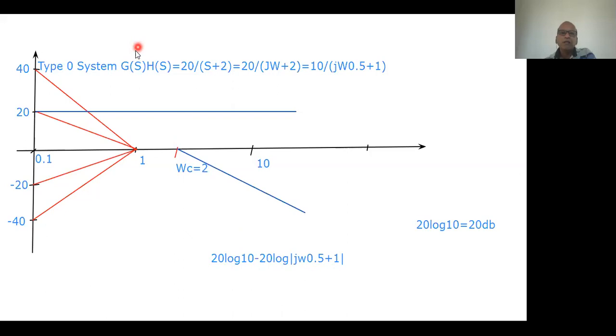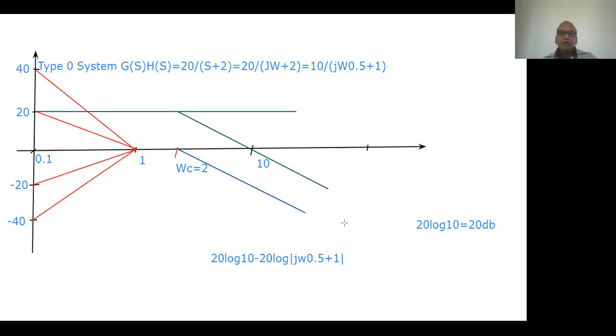Here draw a line parallel to this line, passing through this point. If you see, then what is the magnitude Bode plot?